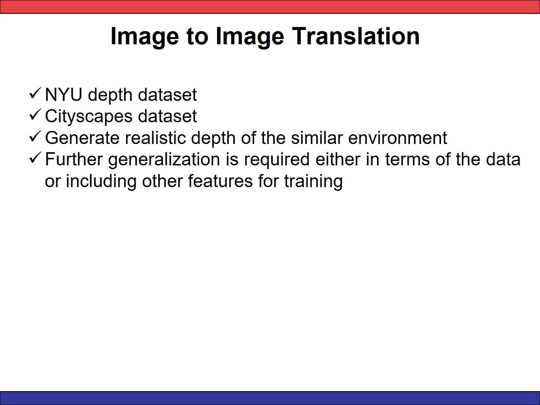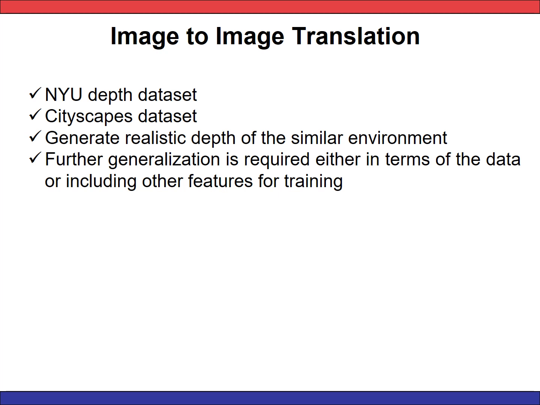However, if we change the environment, suppose I train it on one kind of environment and test it on a totally different environment, then the results were not encouraging. And it makes sense because the architecture didn't see those kinds of scenes.